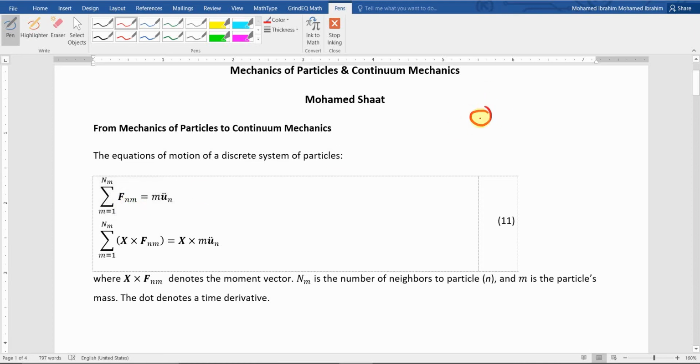You already have a particle n, and there are lots of other particles surrounding it, so between particle n and these other particles there should be different interactions. We sum all of these interactions, like F1, F2, F3 and so on. Summing all of these forces gives this summation term, which equals the mass times the acceleration u double dot. This is the acceleration of the particle itself, according to Newton's law.